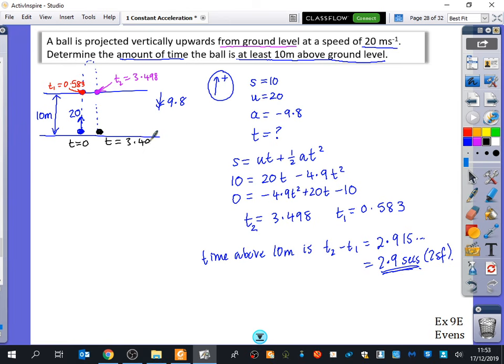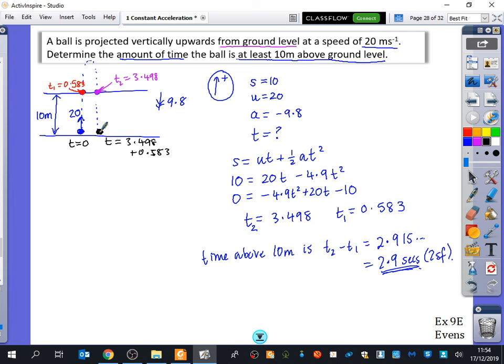So 3.498 plus 0.583. That would be the time for the whole journey. But yeah, Muhin, you're right. This is going to be quicker here, but it's going to be the same as this amount of time, because it's completely symmetrical.